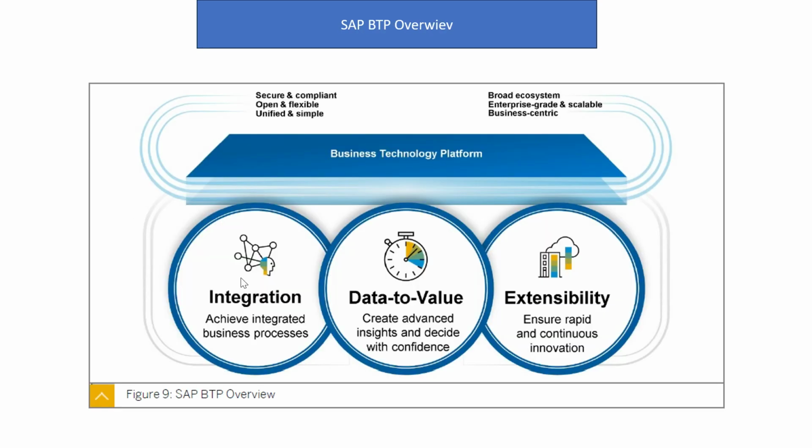Okay, so coming to SAP BTP overview, it is secure and compliant, open and flexible, unified and simple, broad ecosystem, enterprise grade, scalable and business centric. So what we have in SAP Business Technology Platform: integration, data to value, and extensibility. So what is this integration? Having the SAP BTP platform and its application, we can integrate any application.